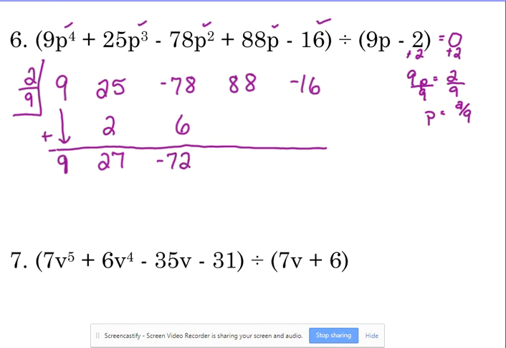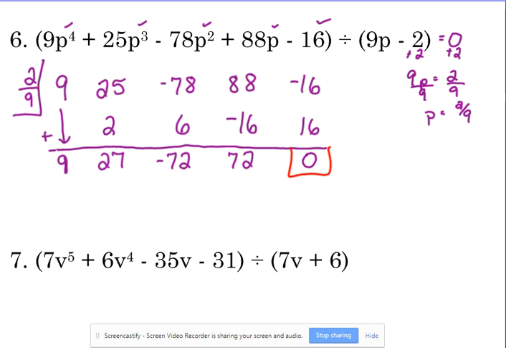Negative 72 times 2 over 9 is negative 16. Please correct me if I'm wrong. Add, we get positive 72. So we get positive 16, and negative 16 plus 16 is 0. Okay, so we got a remainder of 0. That means it was evenly divisible.